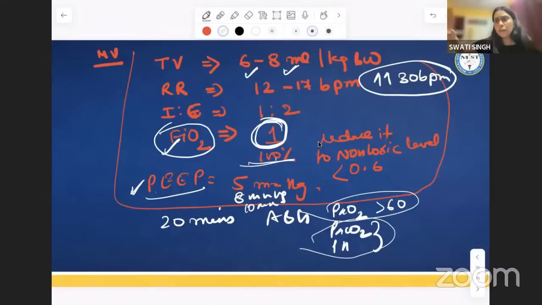If FiO2 is already high, go on increasing PEEP, right? So try to balance. And for ventilation, again, mathematics. Fix the tidal volume at 6 to 8 ml per kg body weight, respiratory rate 17, 18. Not achieving the ventilation, go on increasing the respiratory rate up to 30. Not achieved, then increase the tidal volume. The simple maths. Okay, cool, Yan.